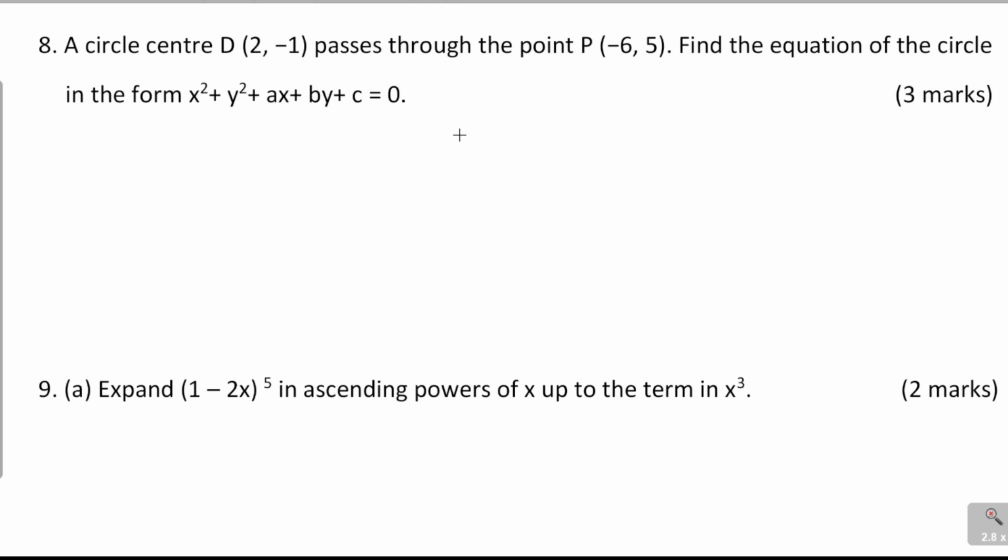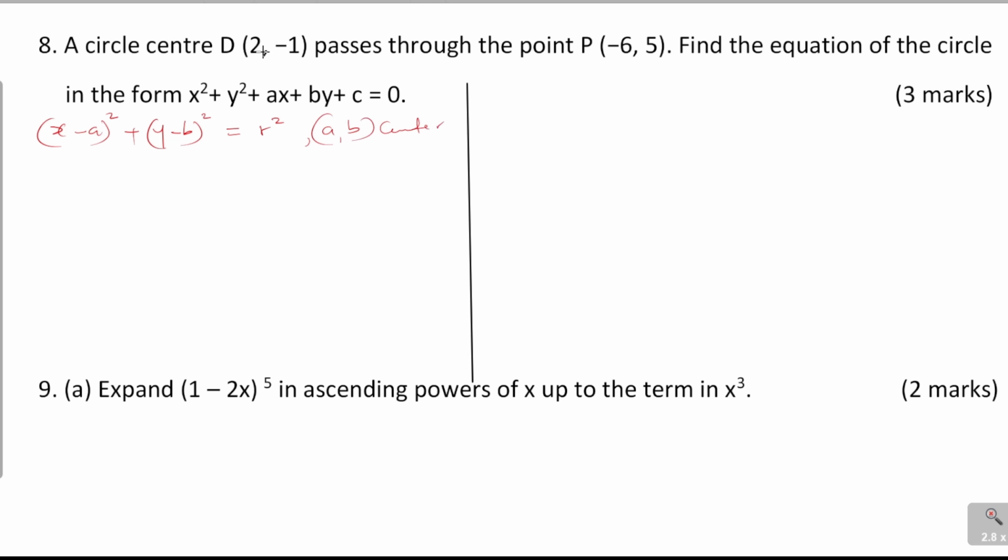In order to solve this question, you need to understand the standard equation of a circle. The standard equation of a circle is given by (x minus a) squared plus (y minus b) squared is equal to r squared, where (a, b) is the center and of course r is the radius.